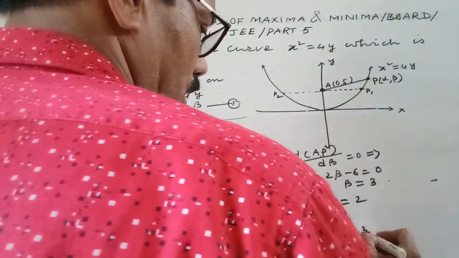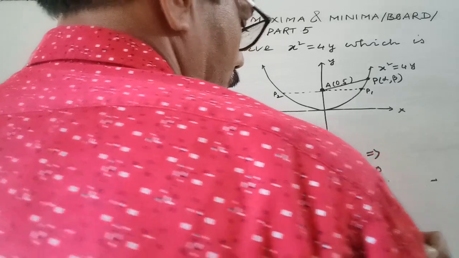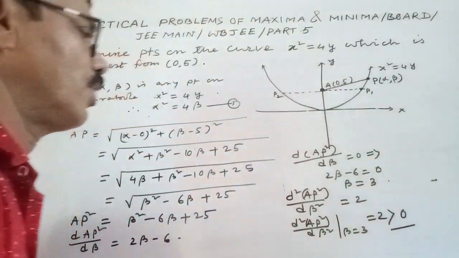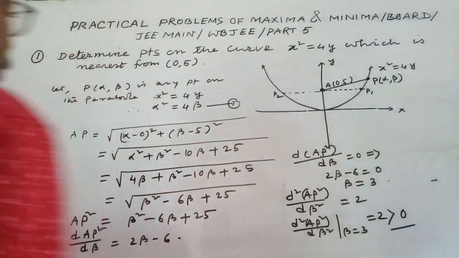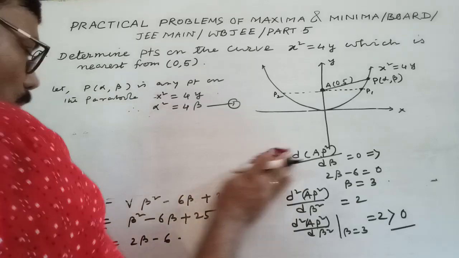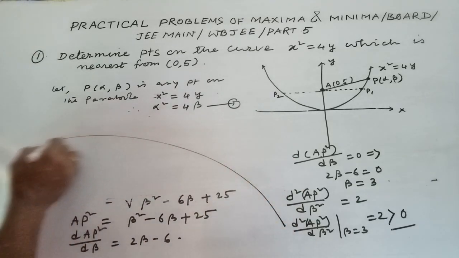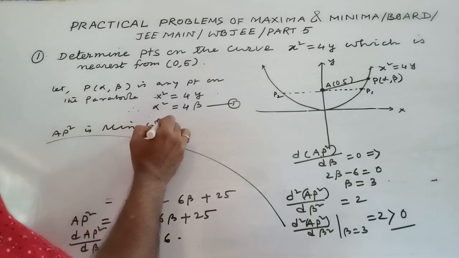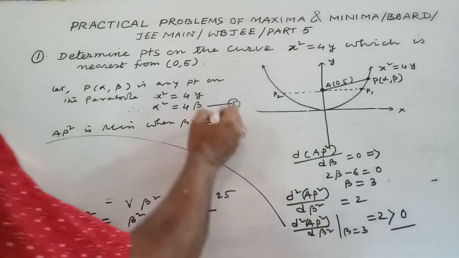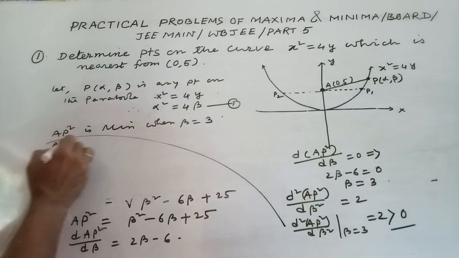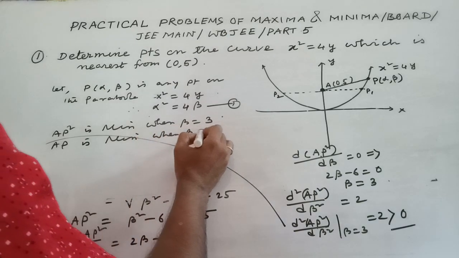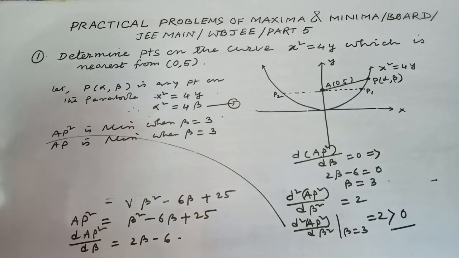At beta equals 3, it equals 2, which is greater than 0. So this is the sufficient condition. Therefore AP square is minimum when beta equals 3, and hence AP is minimum when beta equals 3.